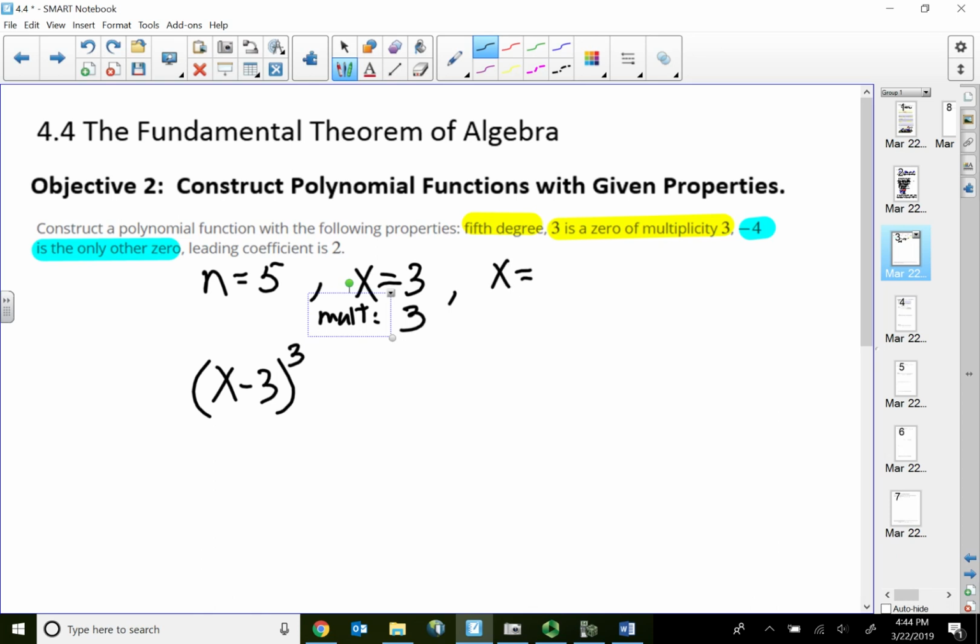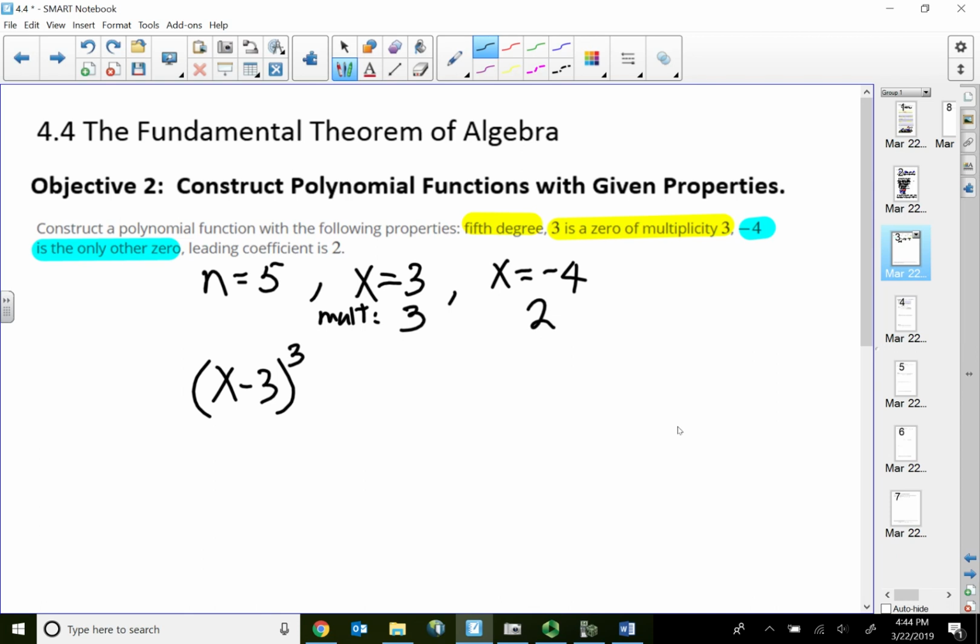Negative 4 is the only other 0. Well, if the multiplicity on the negative 4 is 1, then when I add up my multiplicities, it's not going to equal 5. So that means this negative 4 has got to have multiplicity of 2.